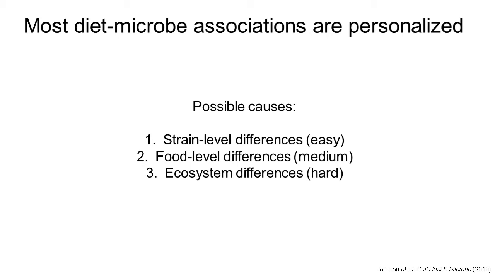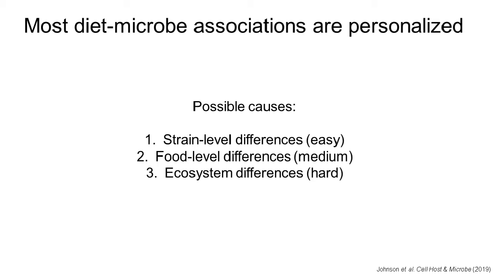And that strain that we each have of Bacteroides has to interact with the rest of the microbiome. So it might be that the Bacteroides is actually responding to how other microbes are degrading or consuming the spinach, and in a competitive way. And I called this hard because it's so complex.